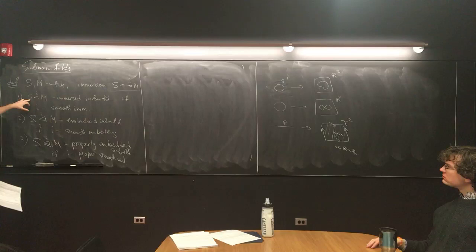And then there's another one, which is not extensions, but restrictions of functions, right? If I have a smooth function F on M and S is this manifold, then when do I get a smooth function when I restrict F to S? That's the question. And it turns out that if S is an embedded submanifold, then the restriction is smooth.